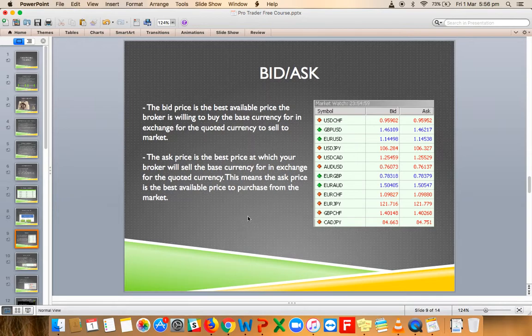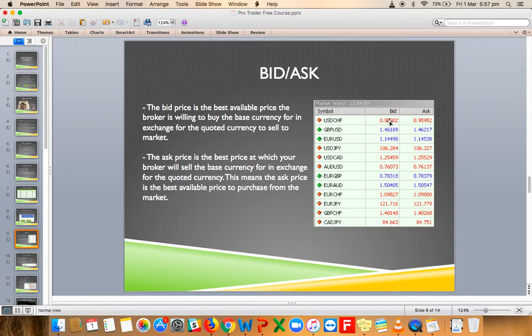Now listen, look at this screenshot here. You will notice the currency pairs listed here: USD CHF, GBP USD, EUR USD, USD JPY, USD CAD, and so on. Usually two prices are quoted: the bid and the ask. So when you place a buy on USD CHF, automatically the broker would give you this USD CHF at the rate of the bid.